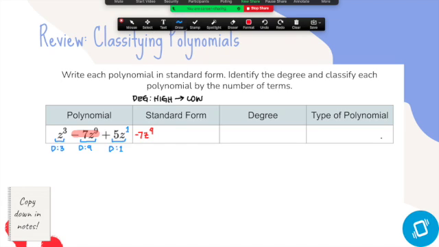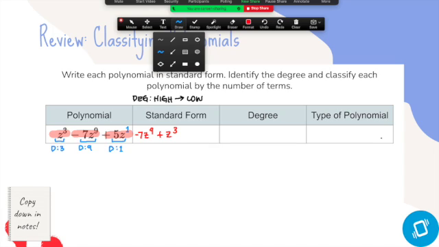The second biggest degree was z to the power of 3, and that was a positive z to the power of 3. So I'm going to add it here. And then the last one is positive 5z to the power of 1, or just leave it the way it is.